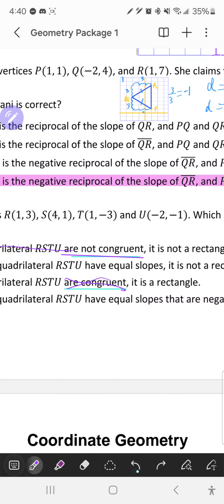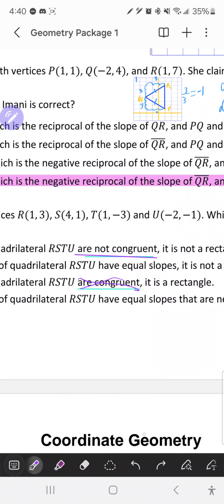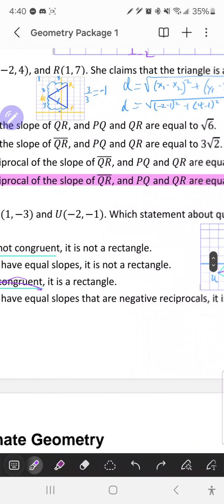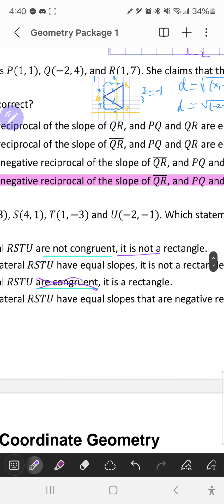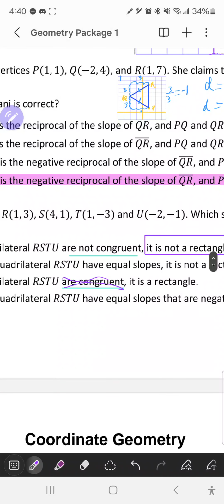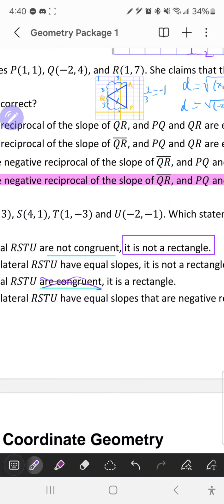Oh, as well, wait. I explained something, I read this wrong. So it says that if the diagonals were congruent, we cannot establish that it is a rectangle. That's what I wanted to mean. Because in this case, for example, I was right at the beginning.